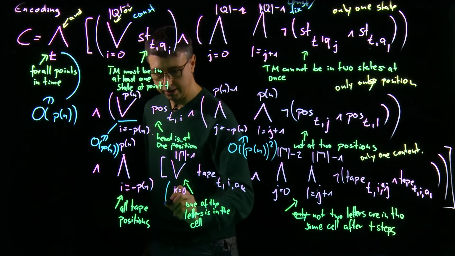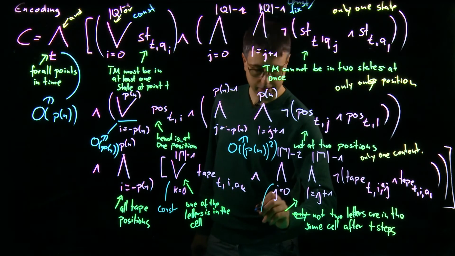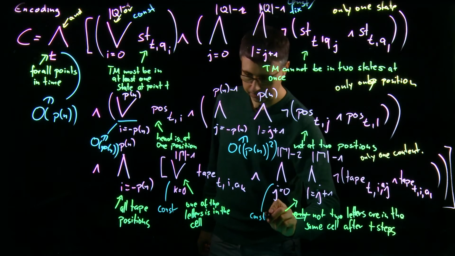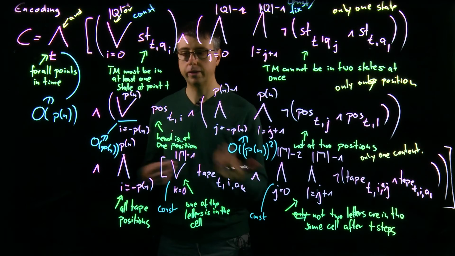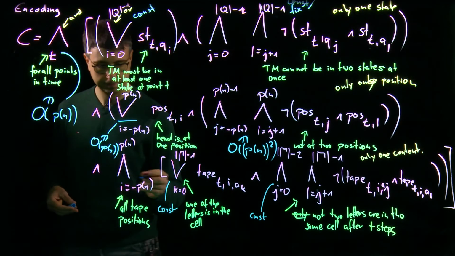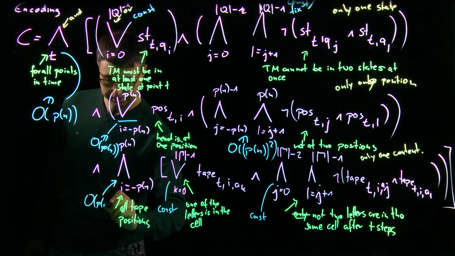And this one here is constant again, because the tape alphabet is something that's constant, independent of the input. This one here is again in O of p of n.